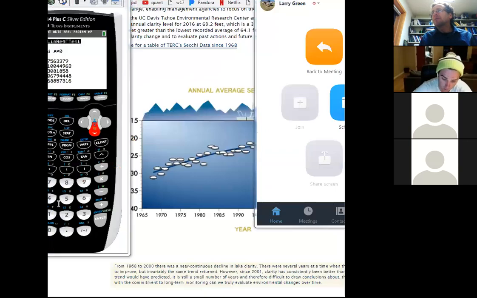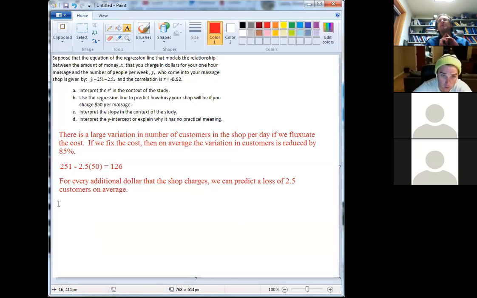Okay, y-intercept. Does the y-intercept have meaning? The y-intercept is 251. What do you think? Think business. Any thoughts?